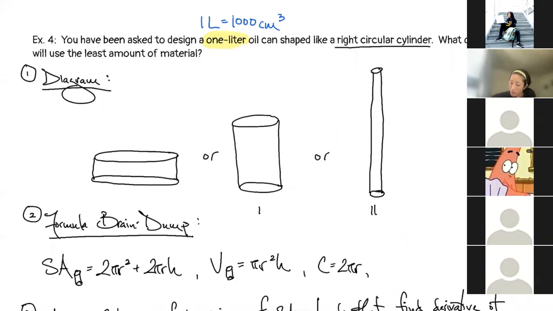The reason this is important is that when we measure things like the radius or the height, we're not measuring in liters. We're measuring probably in centimeters or inches or feet. Because we want to use the units, we have to convert to something that helps us understand that we're multiplying things to get to that particular volume.